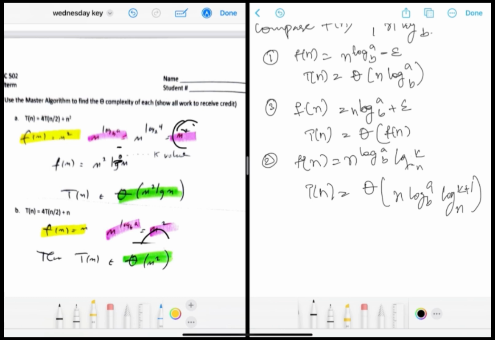This is the master theorem. So let's go directly to the questions and see them.